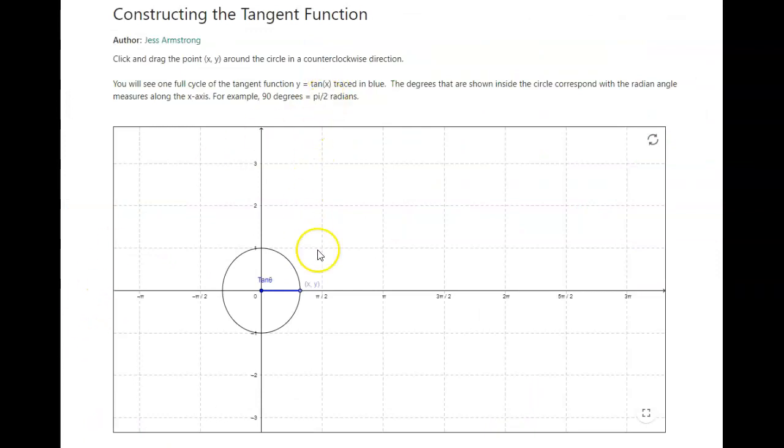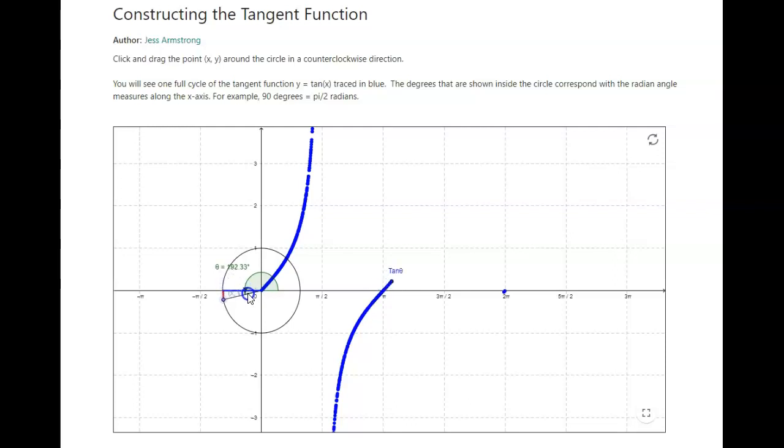So looking at our applet to construct the tangent function, here as we go through quadrant 1, we see one side, the right side of that wiggle, then there's our vertical asymptote at 90 degrees or pi over 2 radians. Now in quadrant 2, we see the curve coming up along that vertical asymptote, approaching this real 0 at pi or 180 degrees.